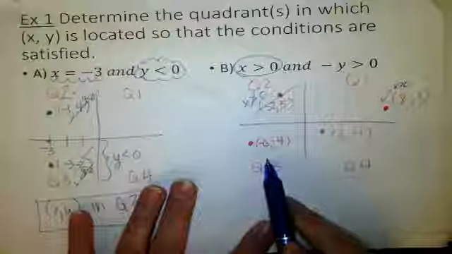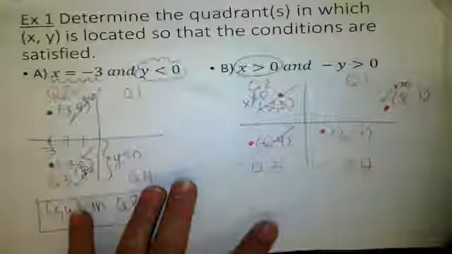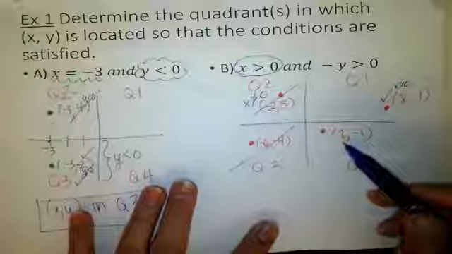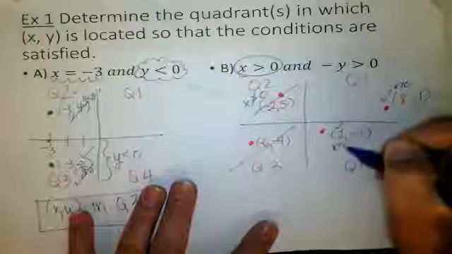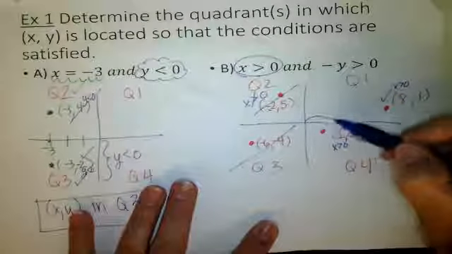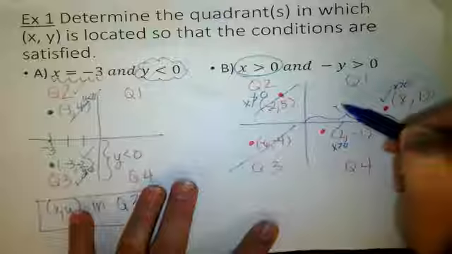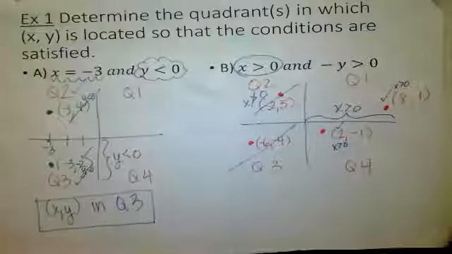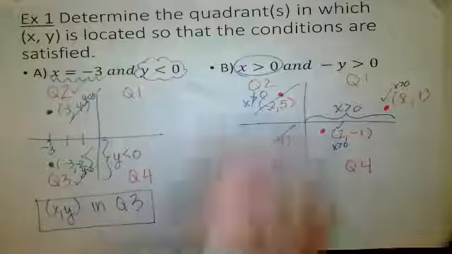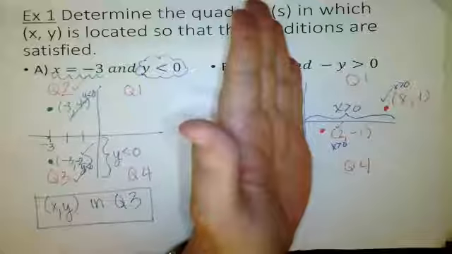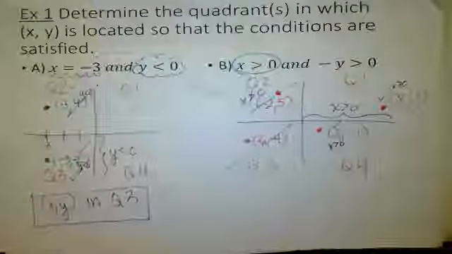Is this x greater than 0? No. Is this x greater than 0? Yes. Why? Because we're here where all the x's are greater than 0. Everything to the right of the origin, in quadrant 1 and quadrant 4, has x values greater than 0.